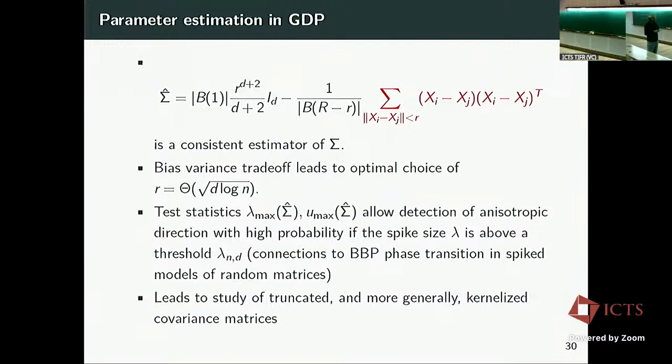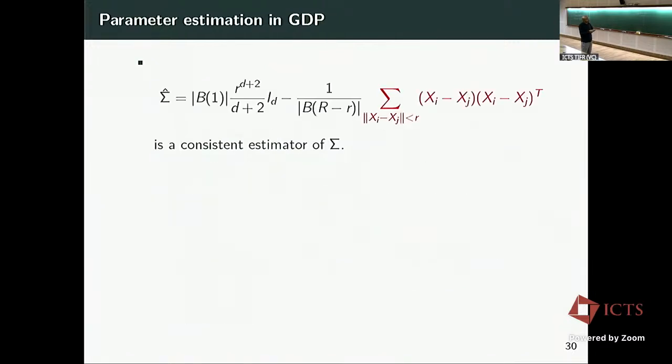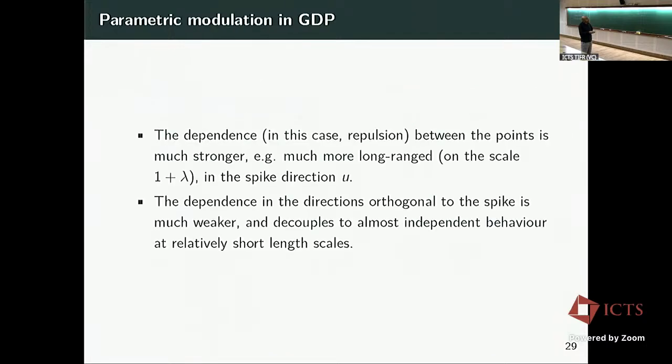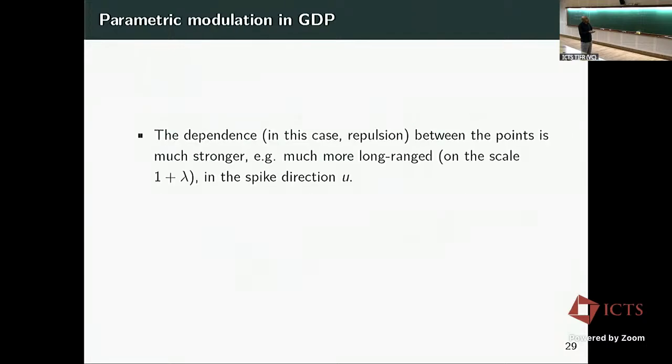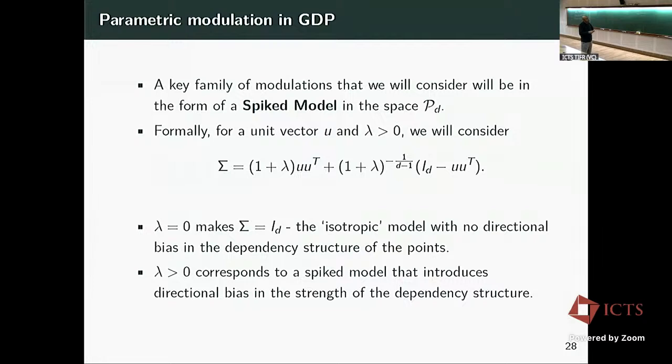What can we do with this estimator sigma hat? For example, you can look at the spiked model and consider the problem of testing whether there is a spike or whether the data is actually isotropic, and all the lack of isotropy is just noise.